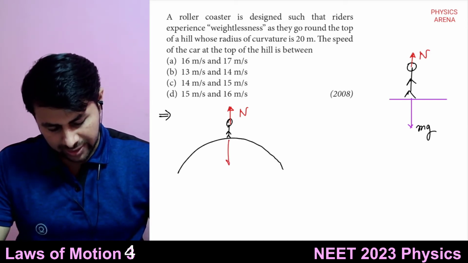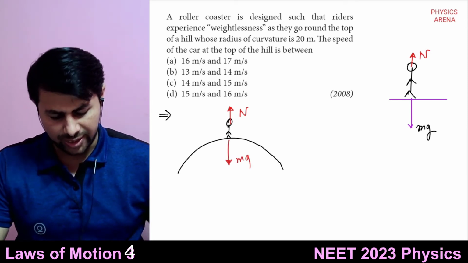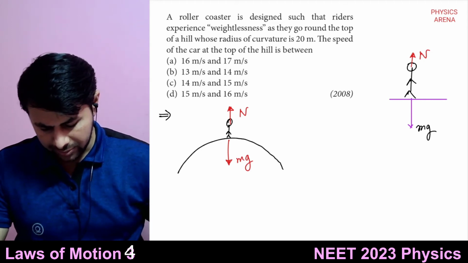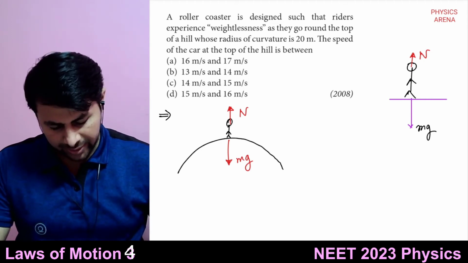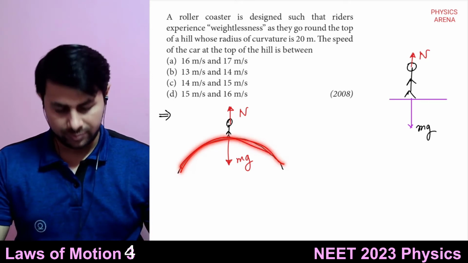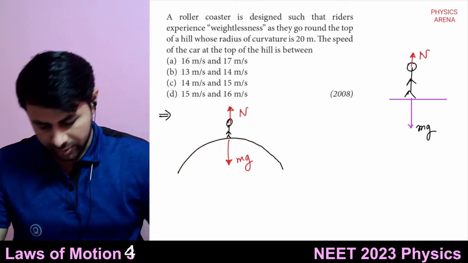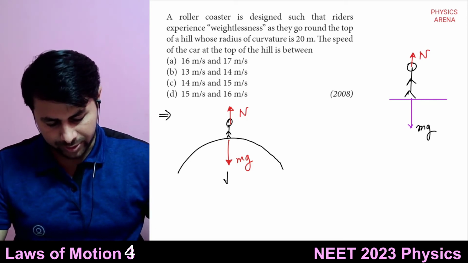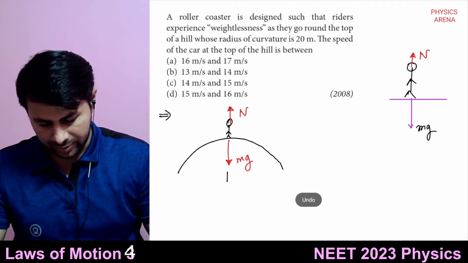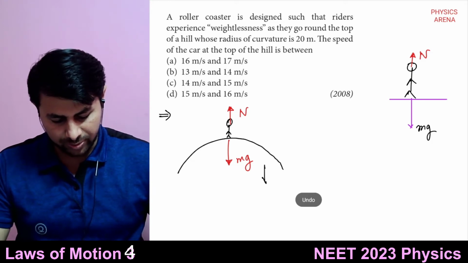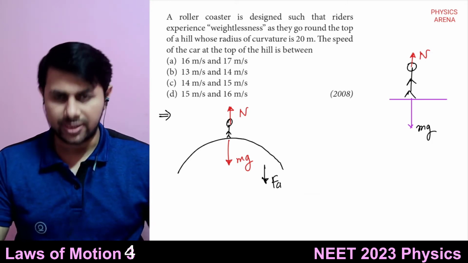His weight acts vertically downwards, it's mg, and now he is taking a turn like this. I mean he is moving in a vertical circle. So there must be some centripetal force, FCP, which is acting downwards.